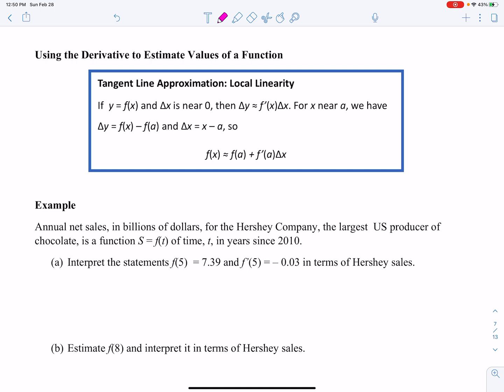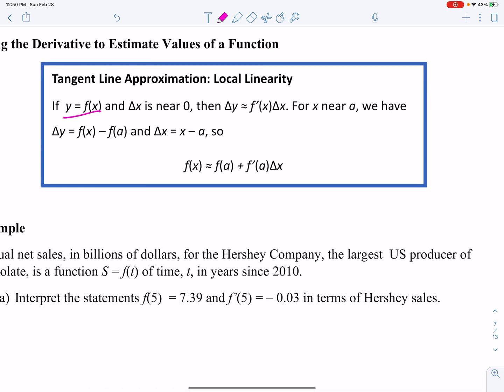All right, tangent line approximation, local linearity. Linearity means straight line. If y equals f of x, that's your function, and delta x, the change in x, is near 0, then delta y is approximately the derivative times the change in x.